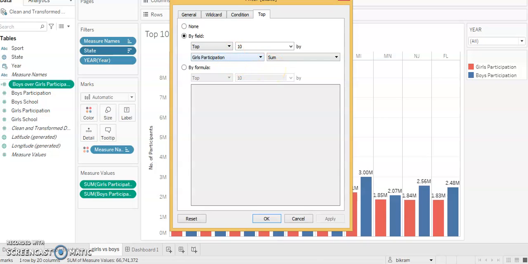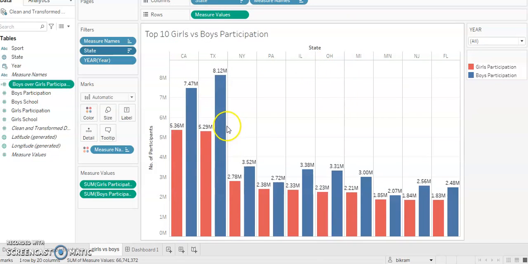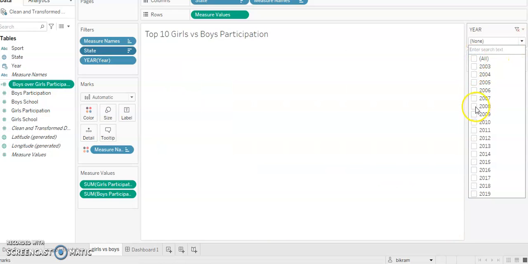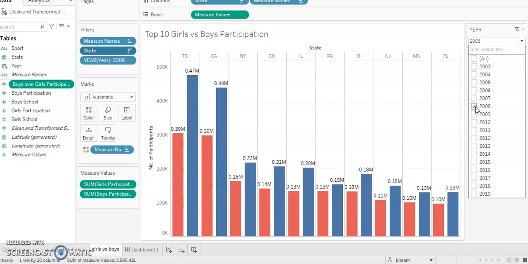Here itself we can get an idea that girls are not performing in equal numbers as the boys are. If we look at different years, in 2008 this is the scenario, and there is a huge gap between the Texas boys and girls.